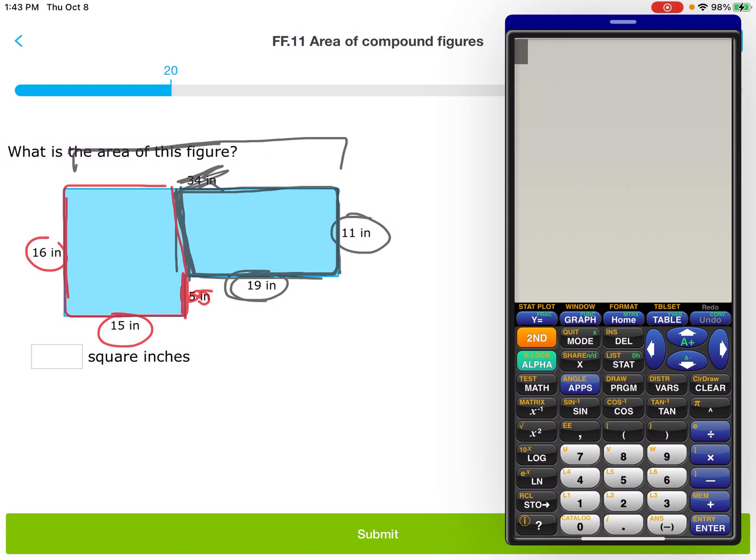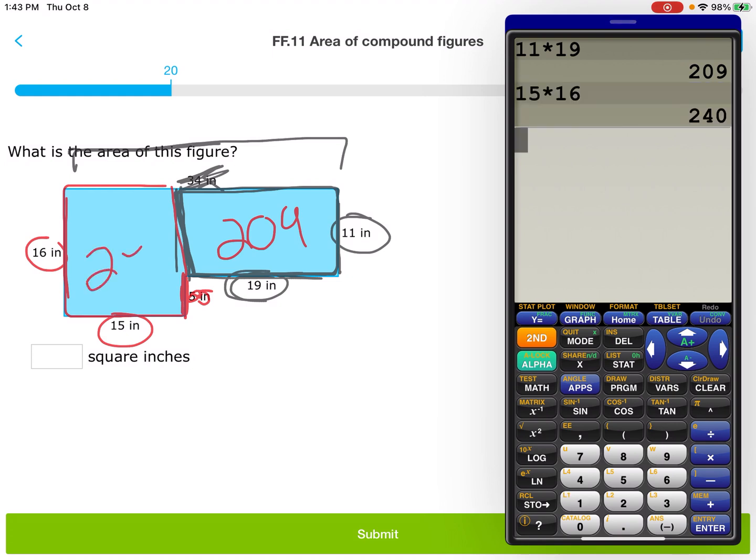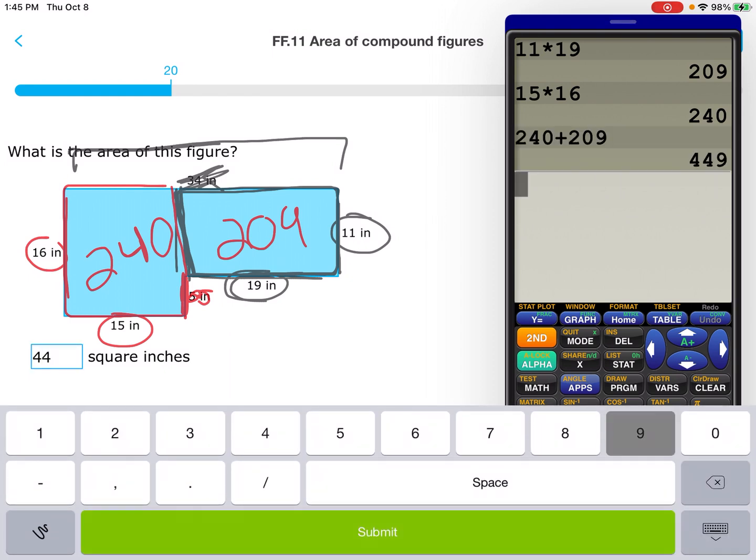So to find my area, I'm going to do 11 times 19, and that will give me the area of the first rectangle, which is 209. And then I'm going to do 15 times 16, which will give me the area of the second rectangle, which is 240. And then I'm going to add those two together. And that gives me my total, which is 449.